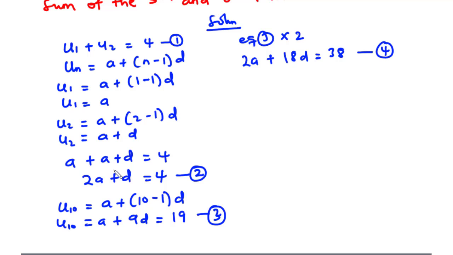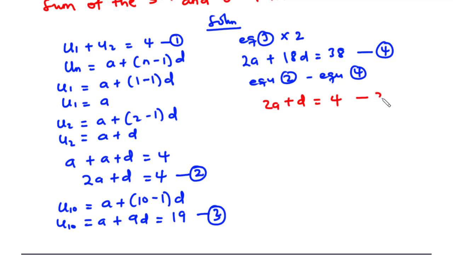So now using elimination method, we have equation 2 minus equation 4. So let's write equation 2: 2a plus d equals 4.